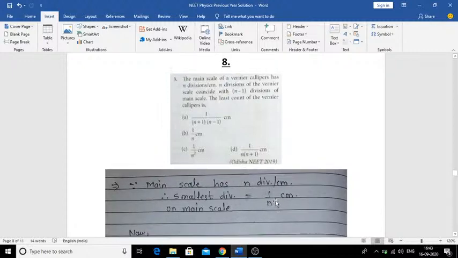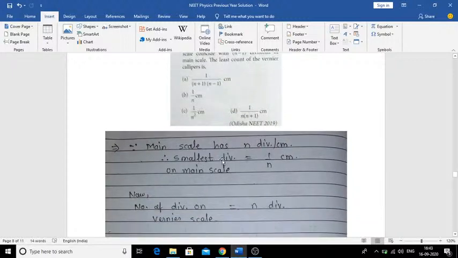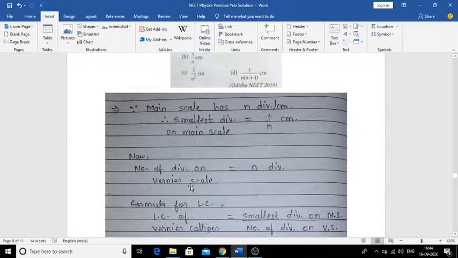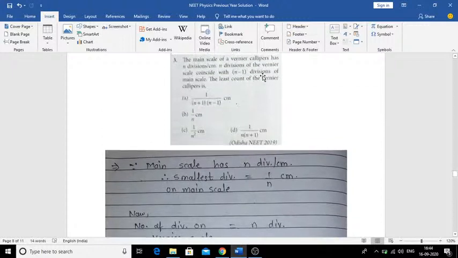And now you can see that n divisions of the vernier scale are coinciding with n minus 1 divisions of the main scale. So we have to find the least count. Here we got that the smallest division on the main scale is 1 upon n, right? And the number of divisions on the vernier scale will be n, because it is already written here.